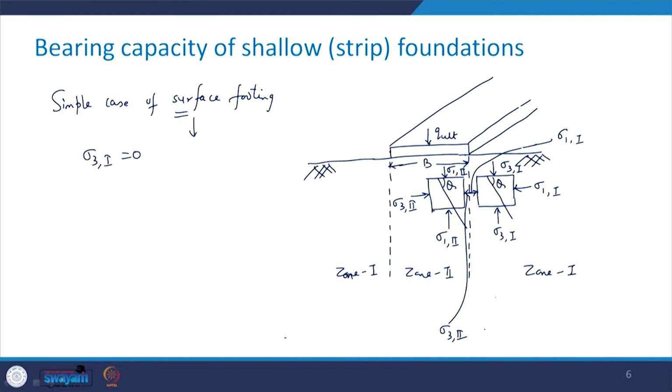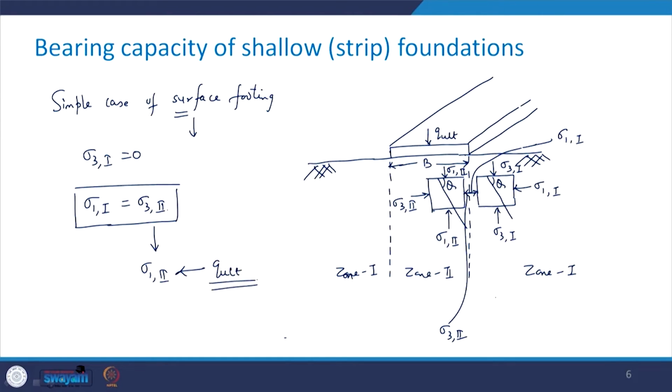So as per the Bell's approach, sigma 1 of zone 1 would be equal to sigma 3 of zone 2. And from here, I will obtain sigma 1 of zone 2. And this is what is going to be the value of the ultimate bearing capacity. Let us see how we can do that.